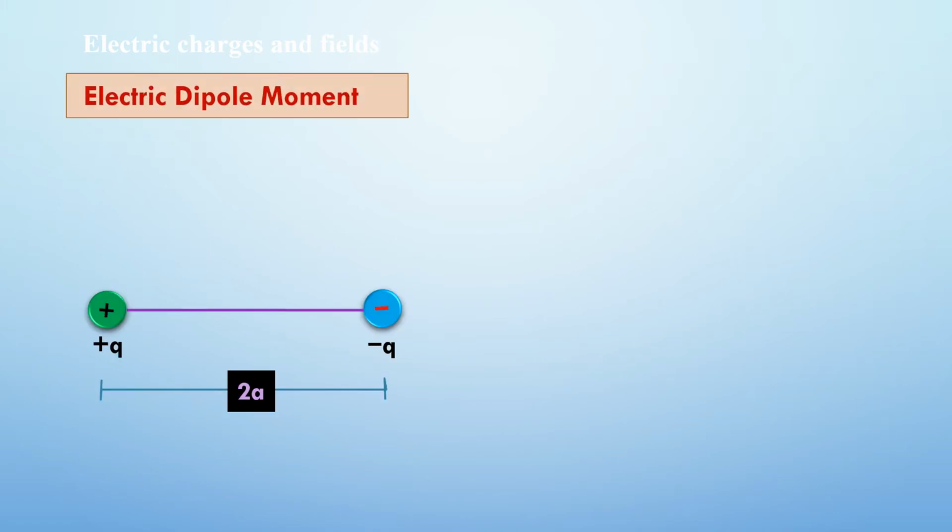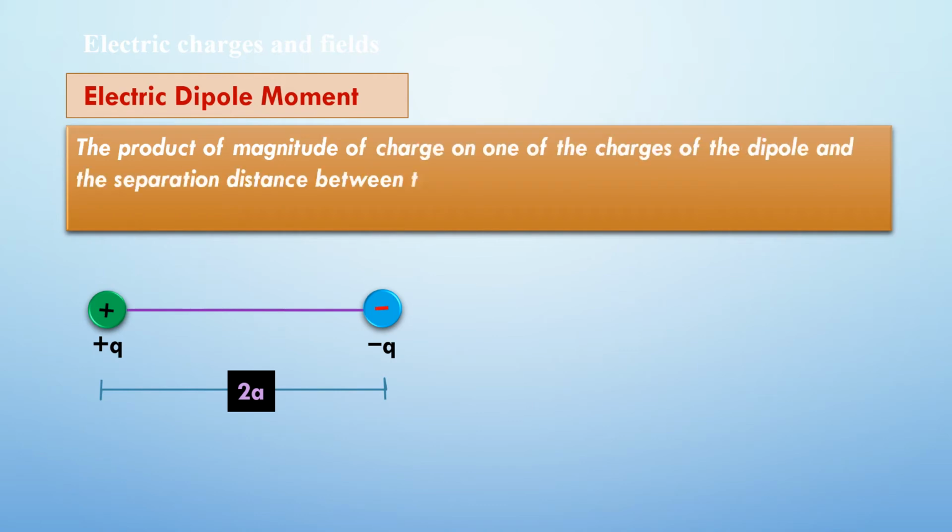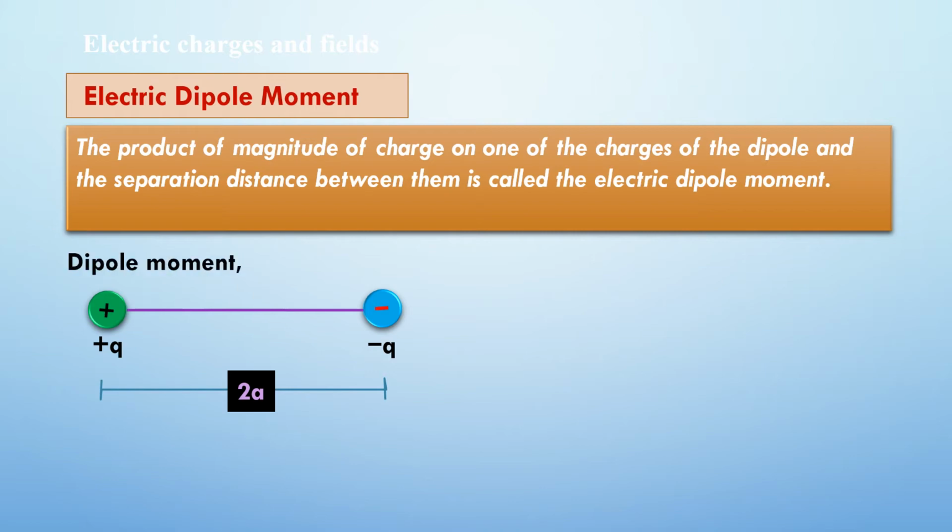Electric dipole moment is defined as the product of the magnitude of one of the charges of the dipole and the distance of separation between them. An electric dipole moment is represented by the letter P, which according to the definition can be given as the magnitude of charge of one of the charges.